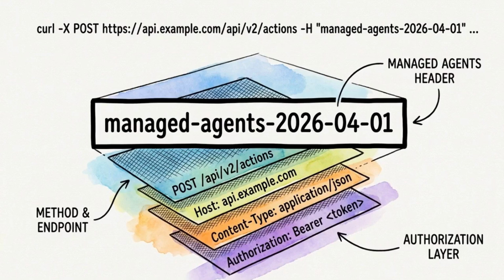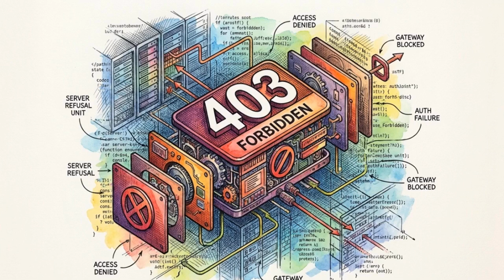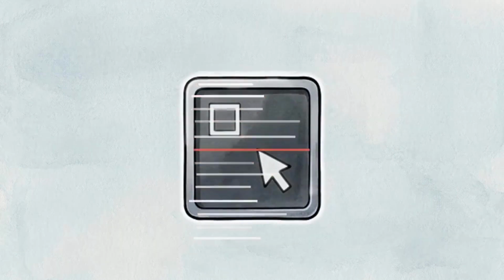Because this architecture is in beta, there is one strict requirement. Every raw HTTP request to the service must include the Managed Agents 2026-04-01 header. Omitting this specific beta header is the most common cause of initial HTTP rejection, mostly because the resulting errors often appear entirely unrelated.